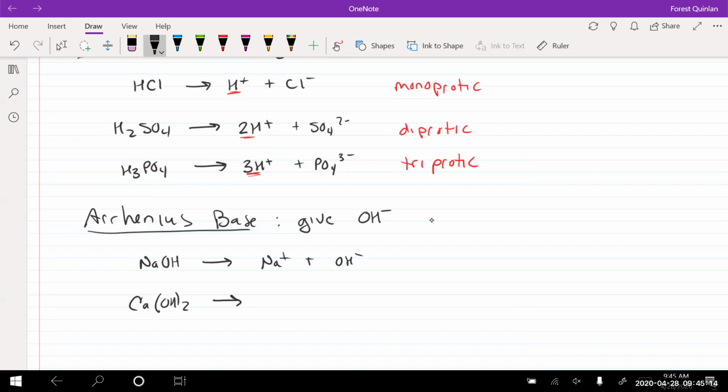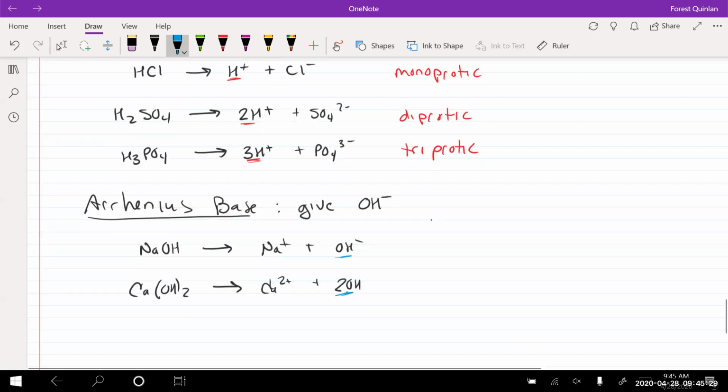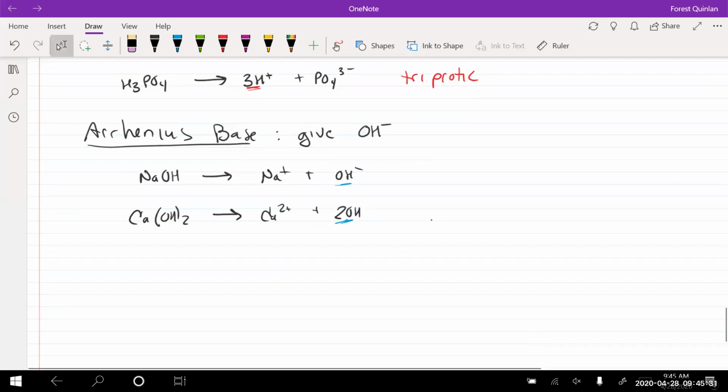Na plus and 1 OH, or Ca2 plus and now 2 OHs. So we got 1, we got 2. Just be aware of the stoichiometry. We don't have a mono, di, or whatever for those guys. Usually we just use it for the acids.